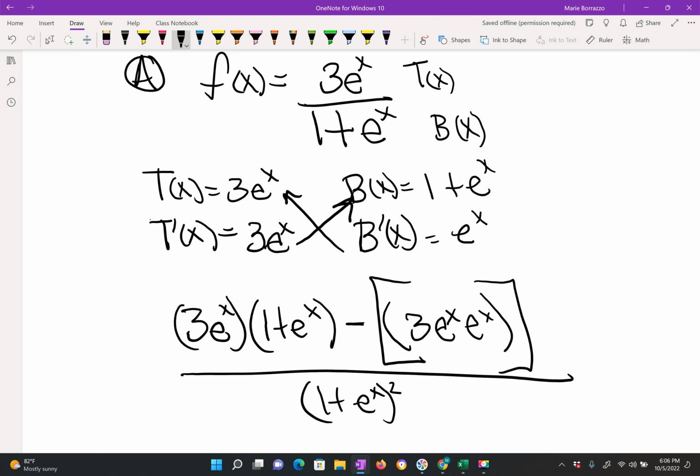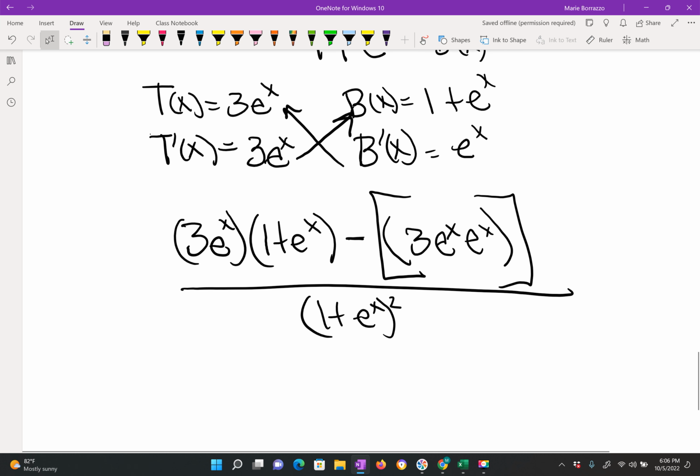And this is going to cancel. So if I multiply 3e to the x, I get 3e to the x. I want you to see it so you don't miss it. 3e to the x times 3e to the x e to the x, right?